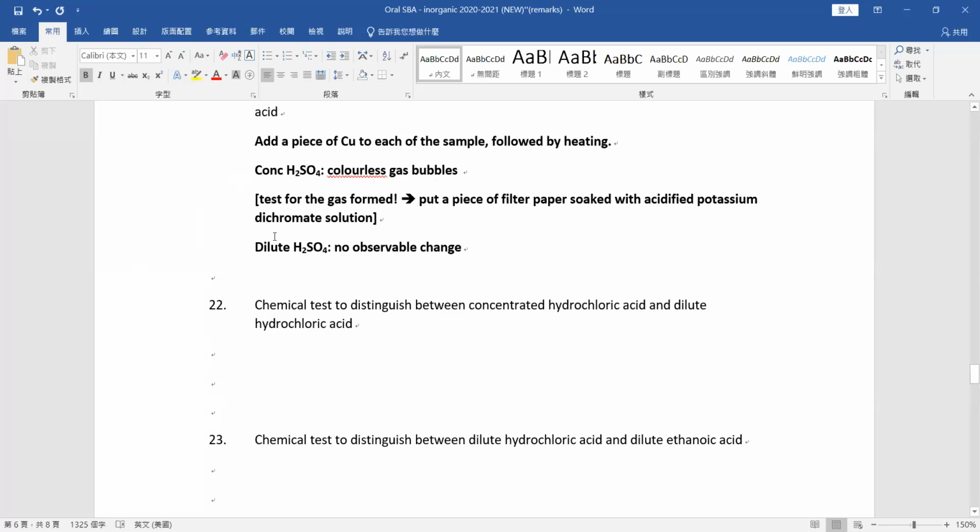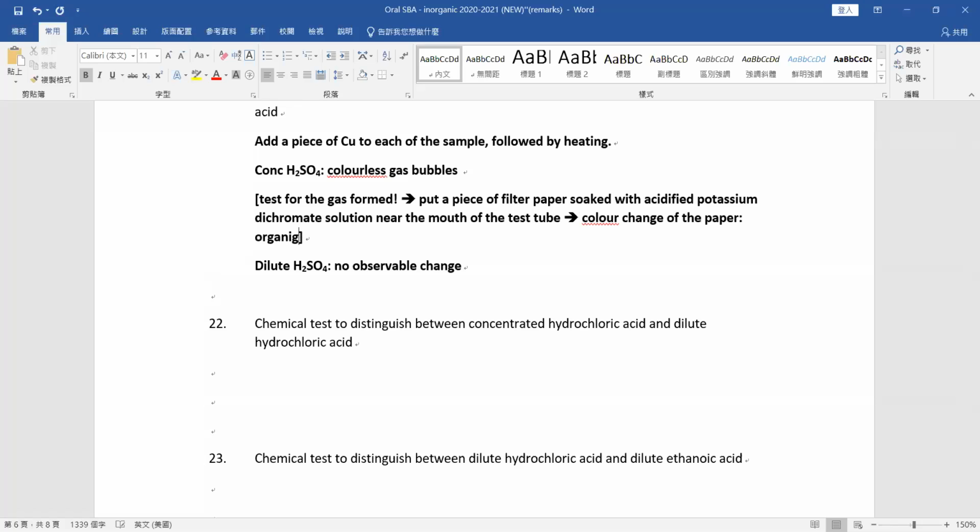Near the mouth of the test tube. So what will happen? It's about the color change of the paper, from orange to green. So you may know the sign of having a reaction.